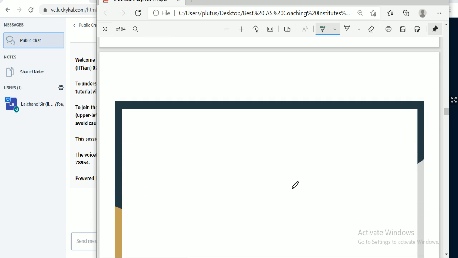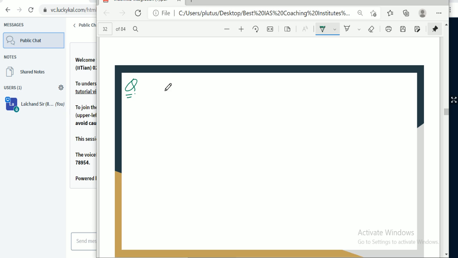So we have a question: integral 0 to 100 of (x minus greatest integer of x) dx. What is the value of this integral?